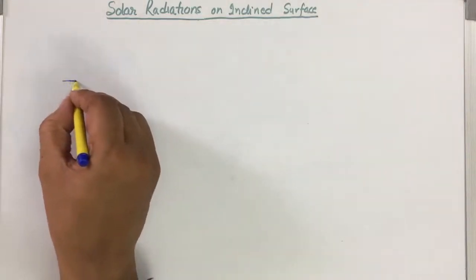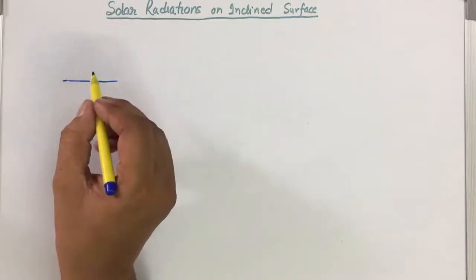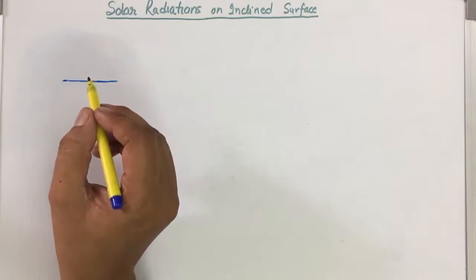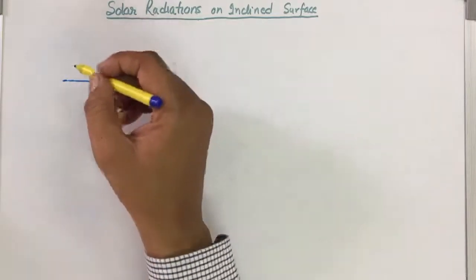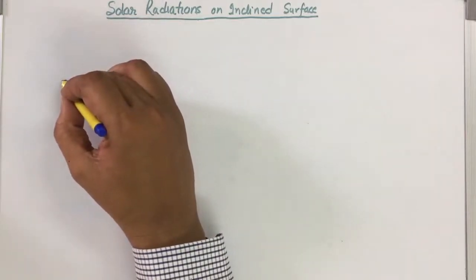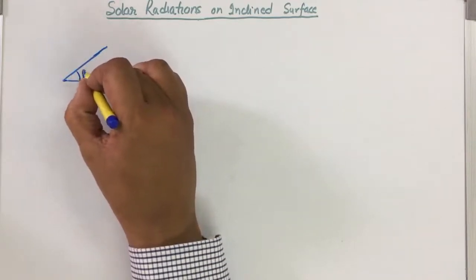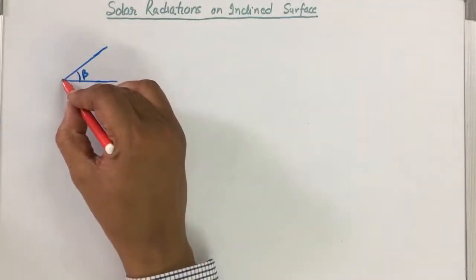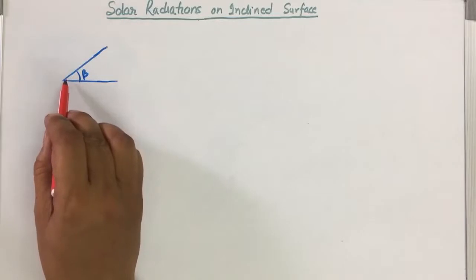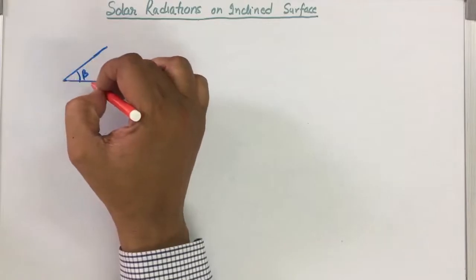Suppose this is the horizontal surface and we are in the northern hemisphere of the earth and we wish to collect the solar radiations to maximize the efficiency of the system. Then we incline the collector surface with an angle known as the tilt angle, that is beta. Once it is placed horizontally, we are collecting the radiations at an angle.